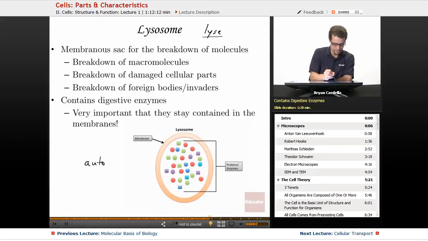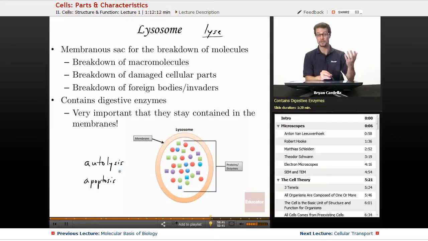Autolysis meaning self-breakdown. It would literally destroy the cell. Another term is apoptosis. If that was stimulated to happen like it's supposed to happen inside of a cell, that's programmed cell death, apoptosis, as opposed to autolysis. So if all of these simultaneously were to leak, it'd break up all the parts of the cell.